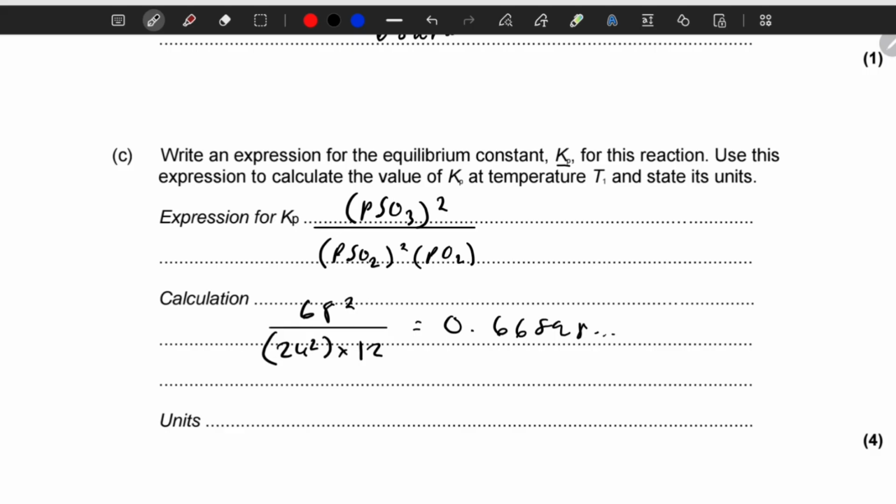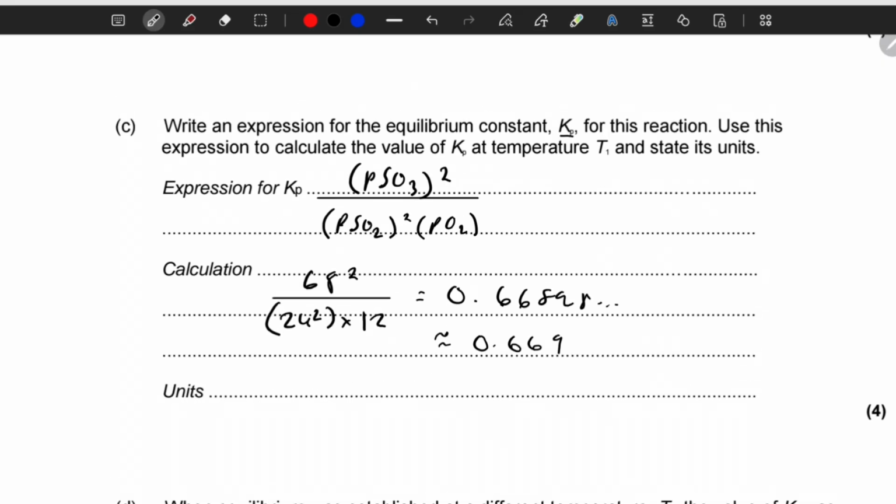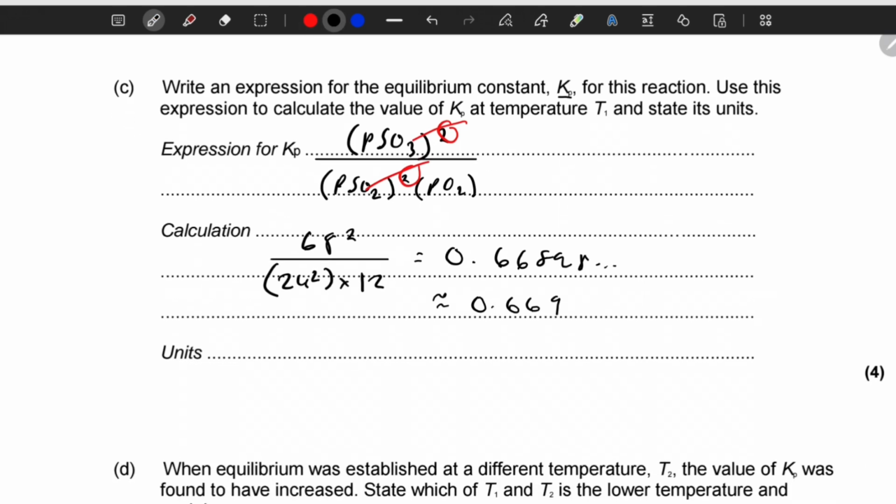If you're rounding to 3 decimal places, 0.669. And the unit, you can see here that these squared things cancel out, so it'll be 1 over a kilopascal, and that would be kilopascal to the power of minus 1.